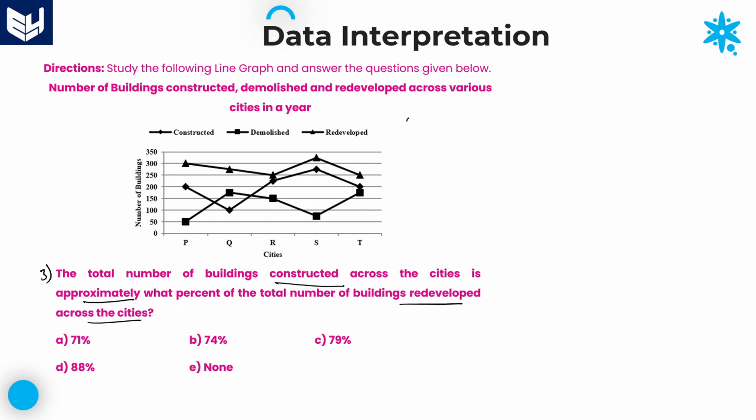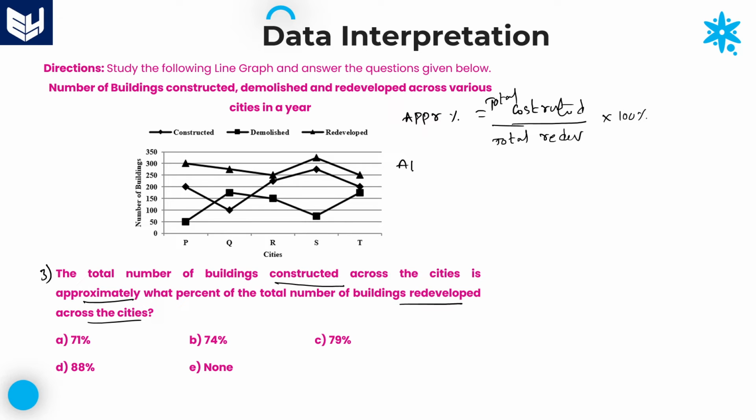The required percentage is the number of buildings constructed across all the cities, divided by the total redeveloped buildings, into 100 percent, right? That is the percentage that we need to calculate.